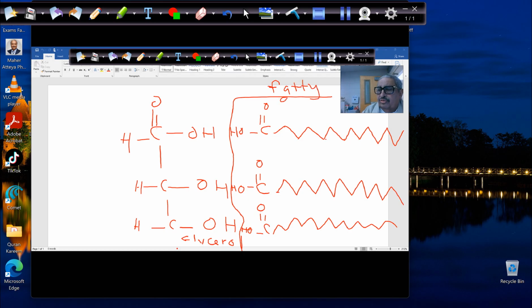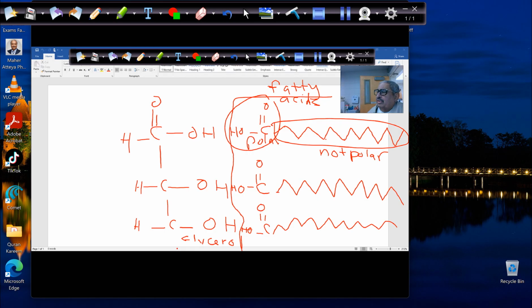Those are carboxylic acids, but fatty acids. Fatty acids have many carbons, up to 20 carbon atoms. And the fatty acid has two parts: one nonpolar, which is the long alkane chain, and the carboxylic group, which is a polar part.